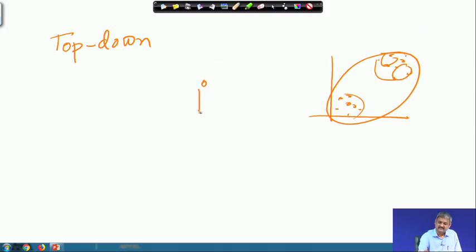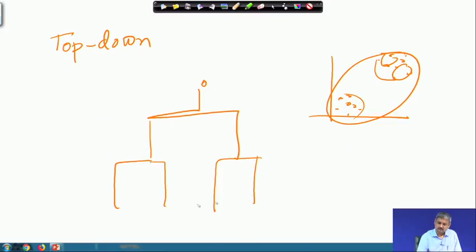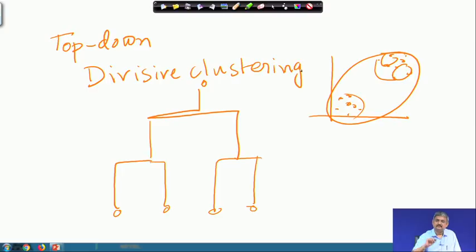So, you construct the tree top down till every point is a separate cluster. This is called divisive clustering. Both are hierarchical.